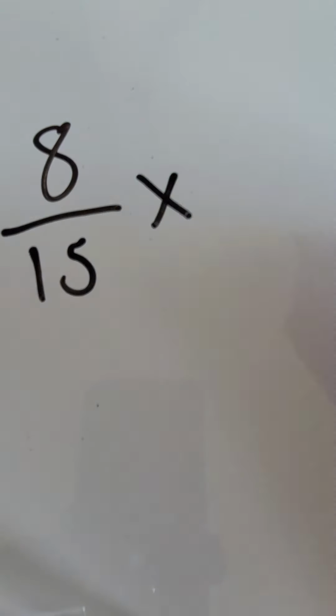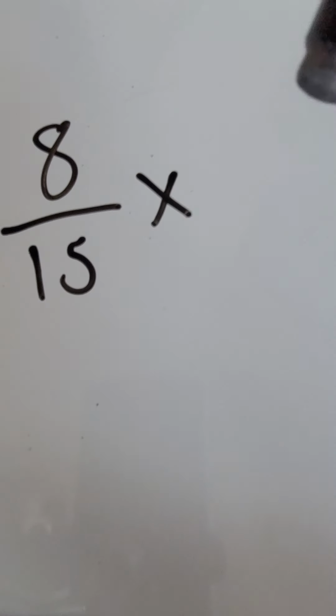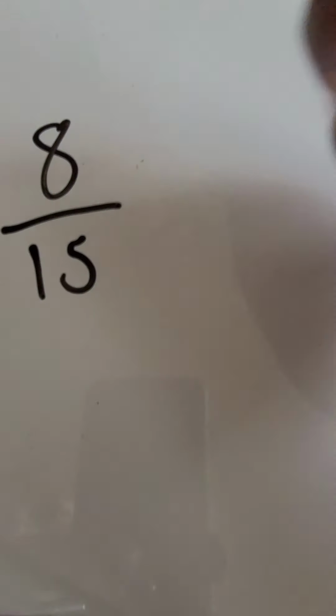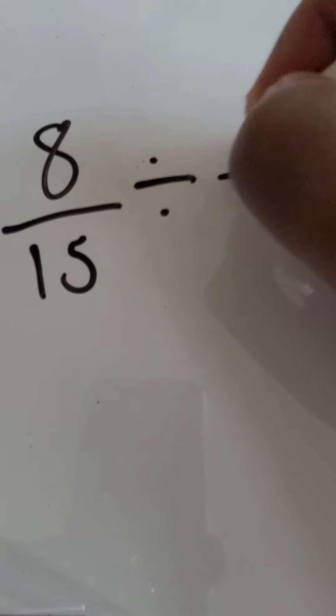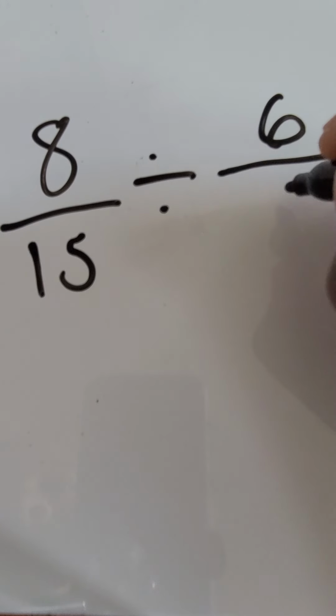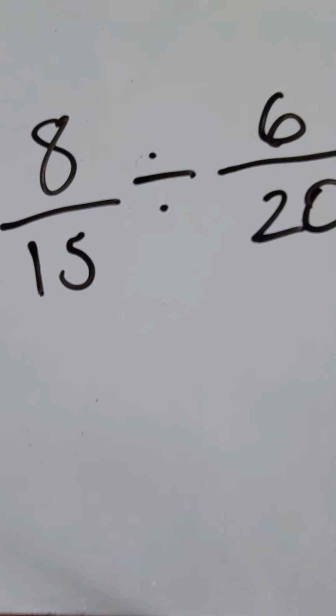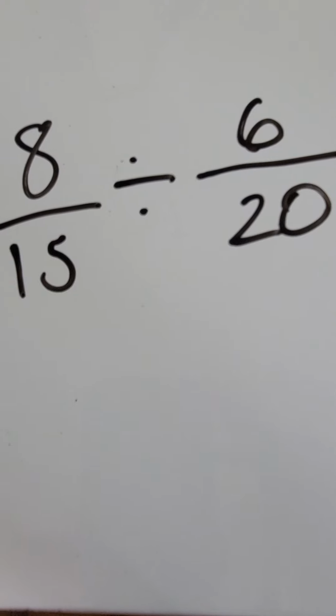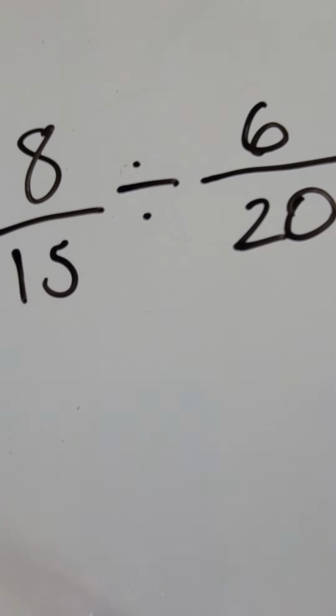Here's another example. We have, let's see, 8/15 divided by, let's do 6/20. So we have 8/15 divided by 6/20.